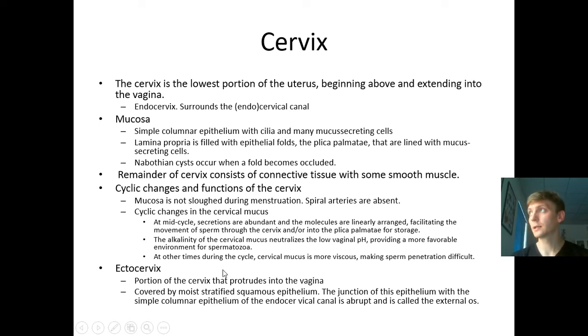In pathology we won't discuss it now, but just for the future, we have erosions and pseudo-erosions. The main difference is that in erosion we have scrabbling of the ectocervix, when the stratified squamous epithelium is ruptured and reveals the reddish lamina propria of the cervix.